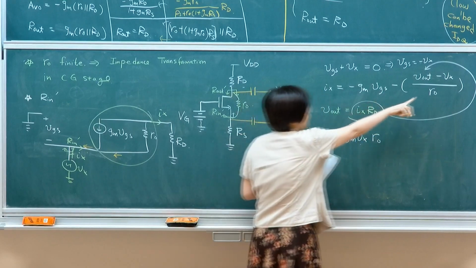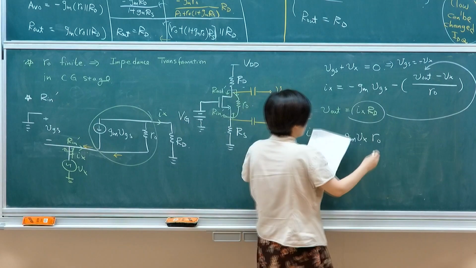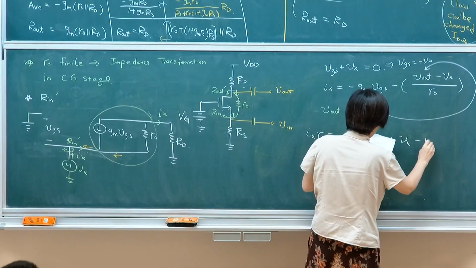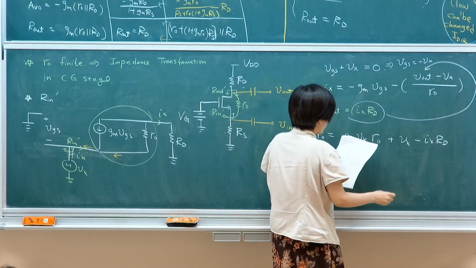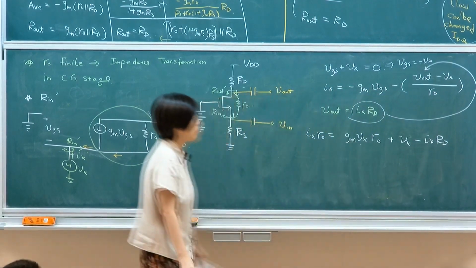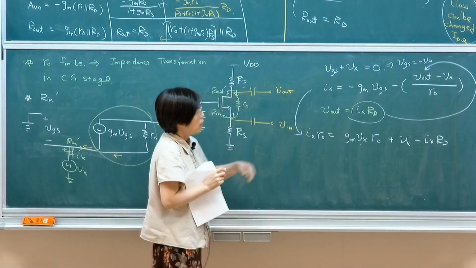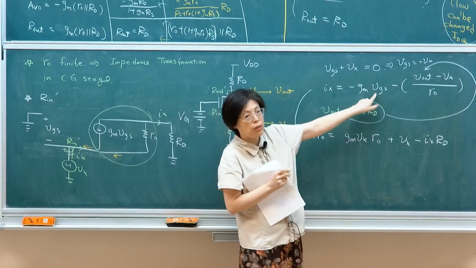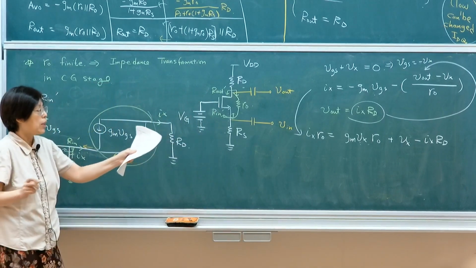The reason why I'm just taking out the RO, and VL is Ix RD. So this will be Vx minus Ix RD. So this equation would then turn into that: everybody times RO first, and then substituting VGS with minus Vx. That's what we get.